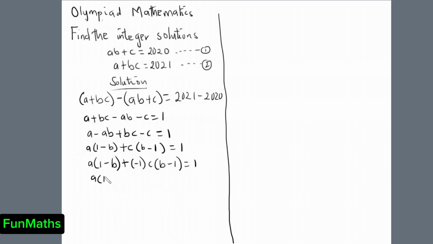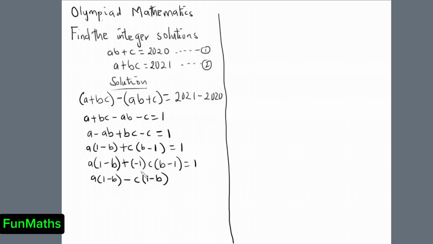And it's A into 1 minus B minus C. It's going to change what is inside this bracket. Instead of B, it's going to be minus B. Instead of minus 1, it's going to be 1. So we'll be flipping it as 1 minus B.